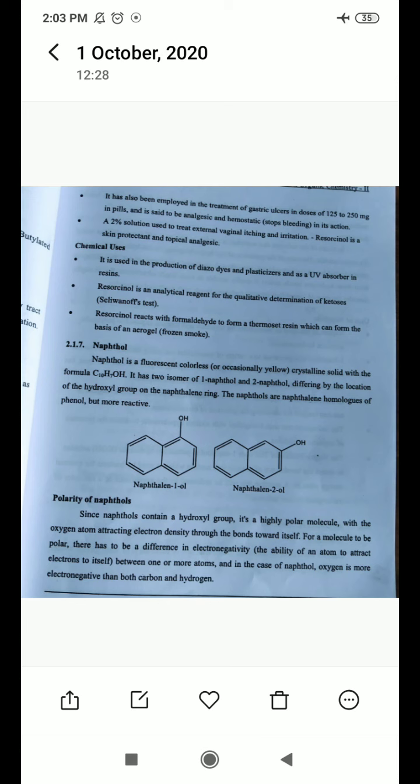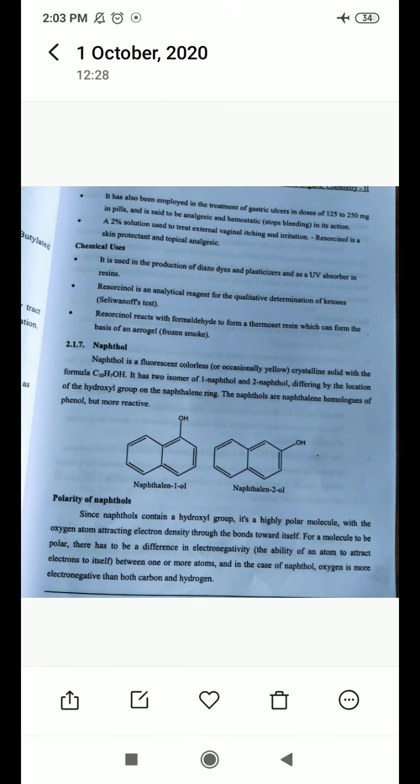And the second one is hemostatic. If a word ends in static, then static means stop. Hemostatic means it stops the bleeding, so resorcinol acts as a hemostatic, or we can say it stops the bleeding. So it is used in gastric ulcer. You might have studied in pathophysiology what happens in gastric ulcer and what its symptoms are.